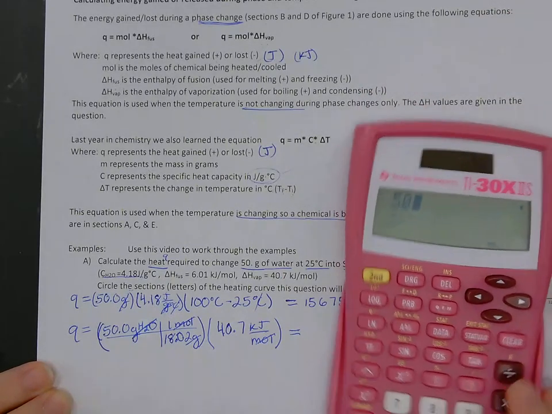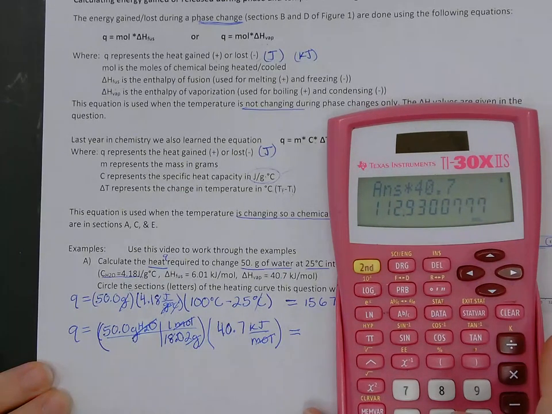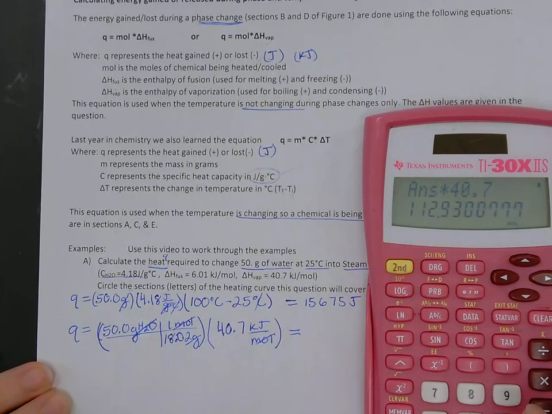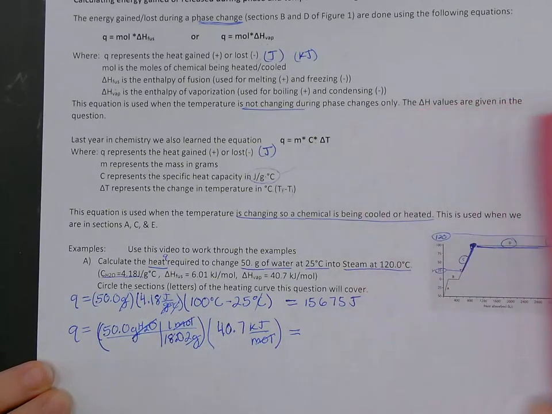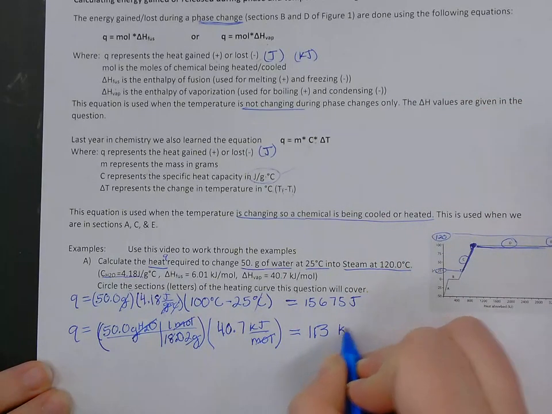So we're going to have 50 divided by 18.02 to get us into our moles, and then we're going to multiply that by 40.7. So 112, let's see, we have 3 significant figures, or I should check my sig figs on the previous one. So 112, which would be 113 if we rounded, 113, and this is in kilojoules.